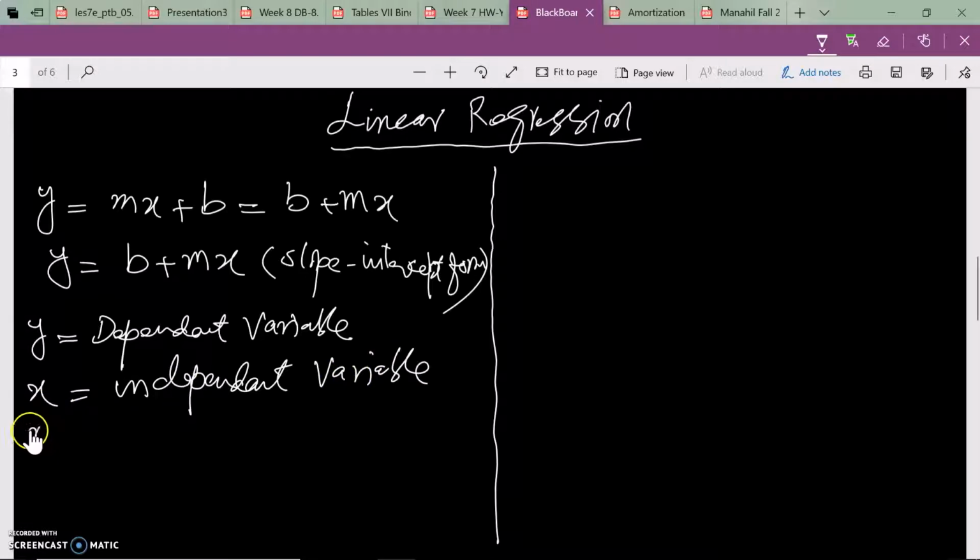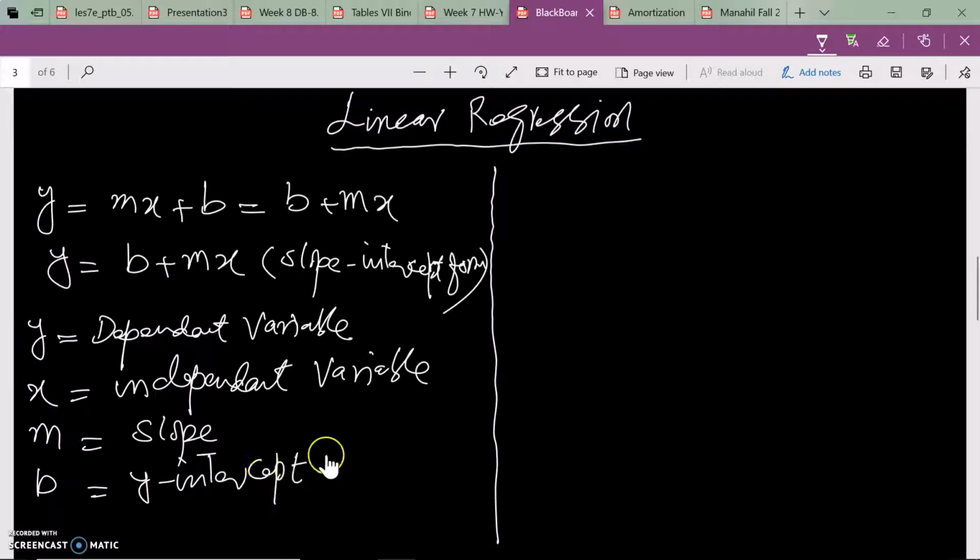Here m is called slope, right? And b is called y-intercept. So this is what you must have seen if you have taken any math course in algebra: y equals mx plus b.